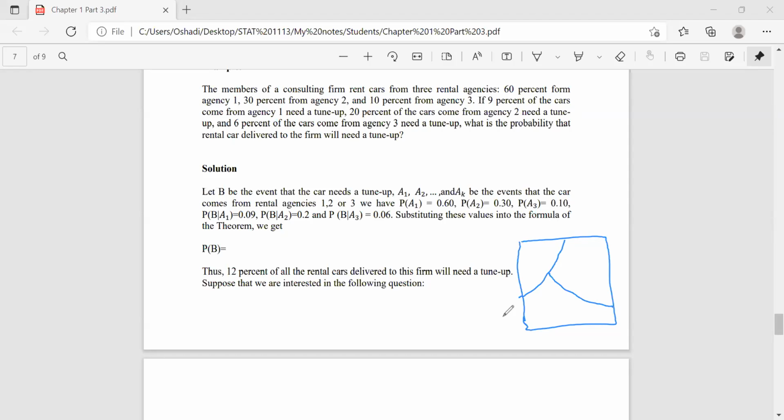So let's say this is A1, A2, and A3, right?